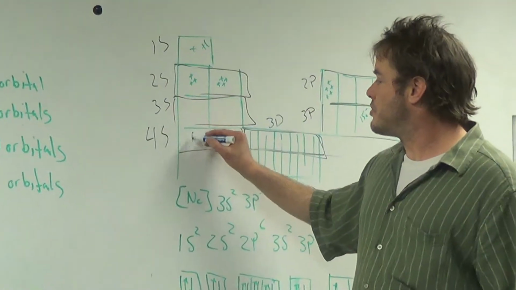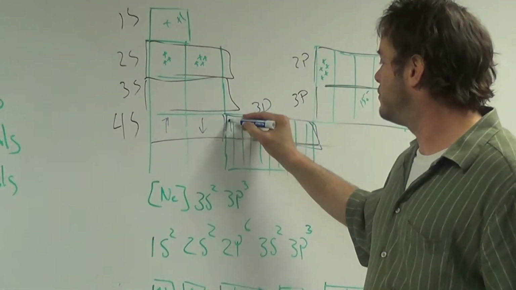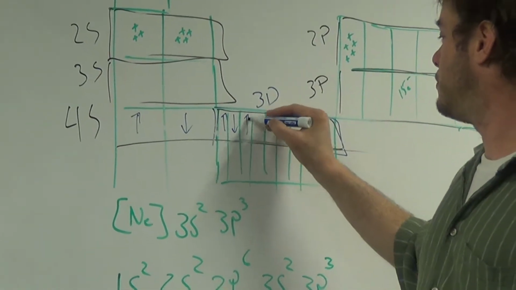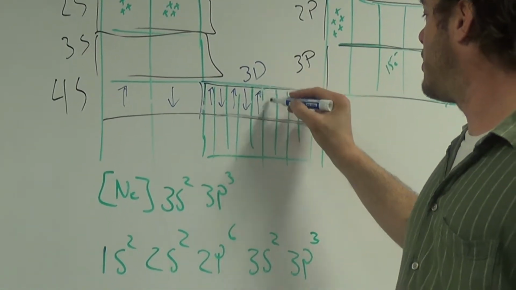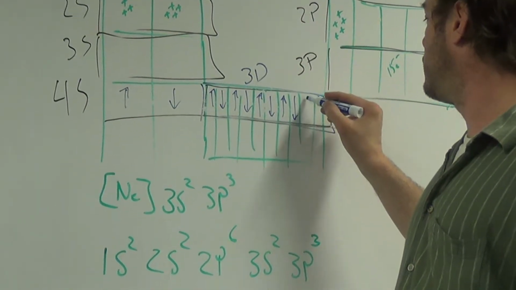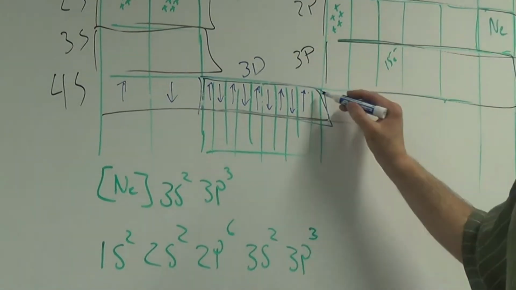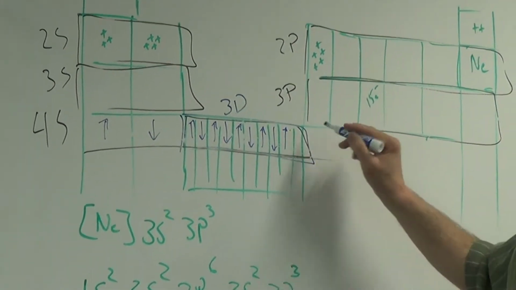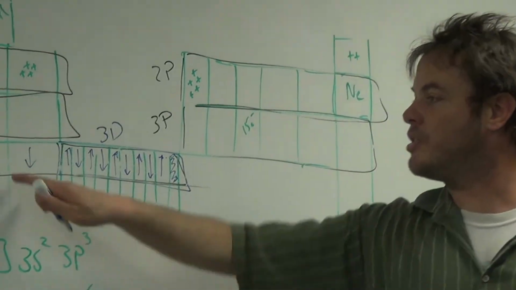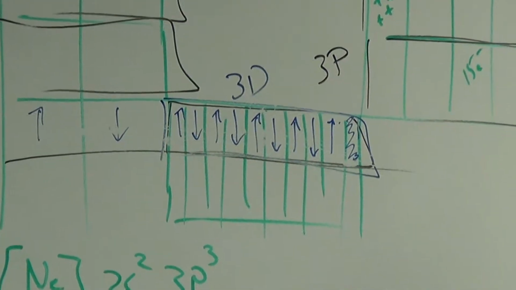So we'll stick an electron in here, electron there, and then a bunch of electrons over here. And you'll notice that I've left this last guy blank. So I've got 2 electrons in my 4s, and I've got 9 electrons in my 3d.